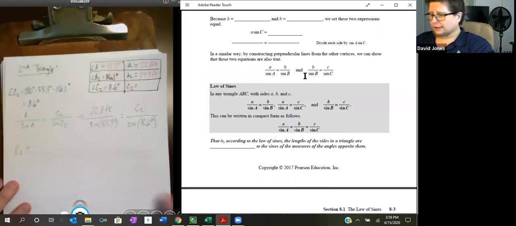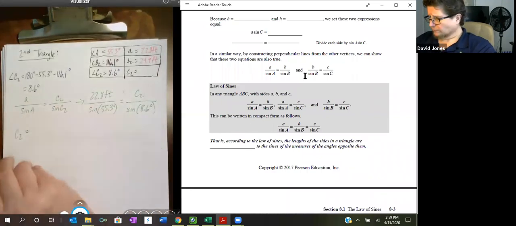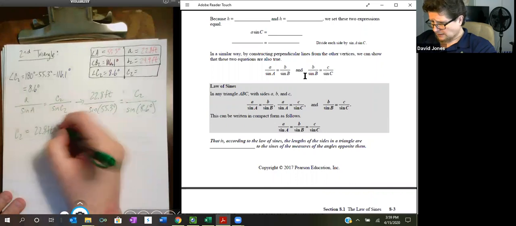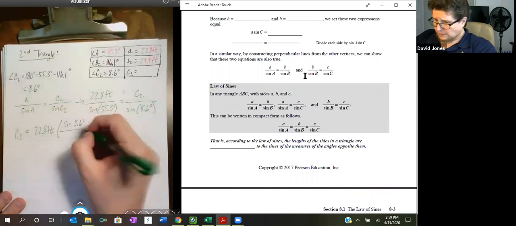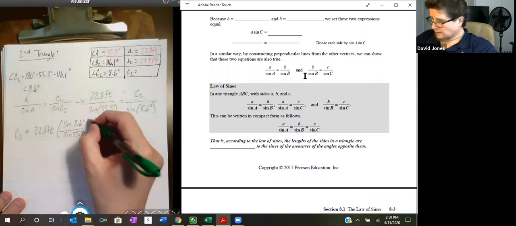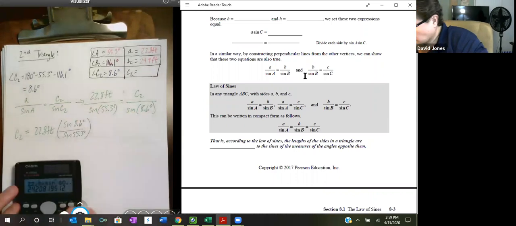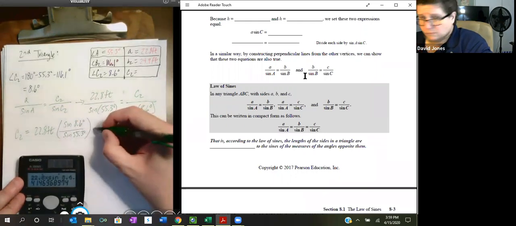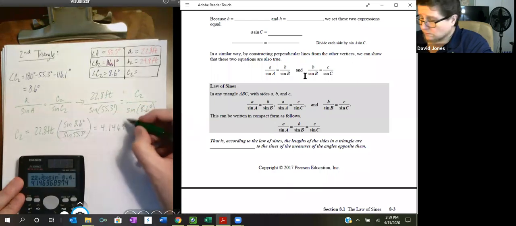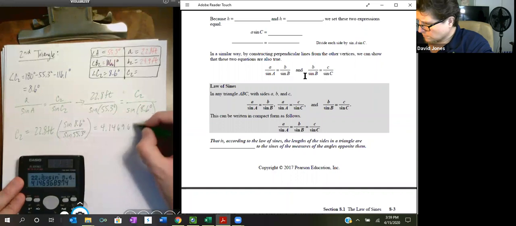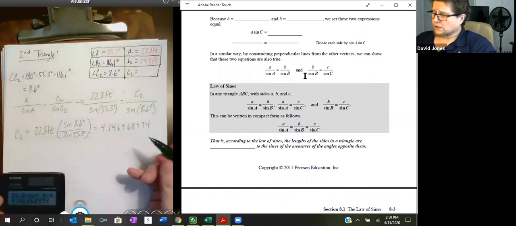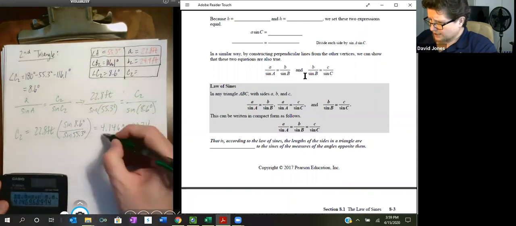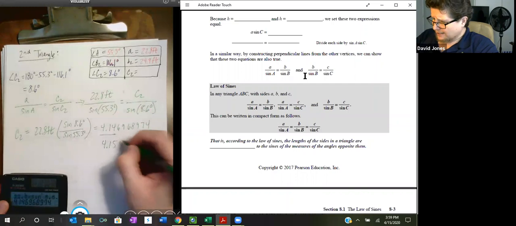I solve for C2 by clearing the fraction. And we want 3 significant digits. So 4.15 feet.